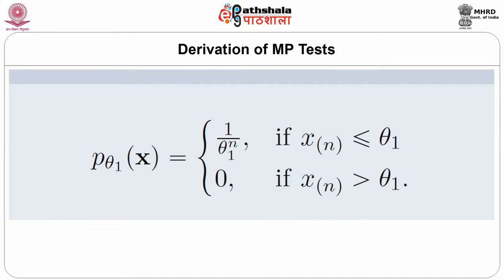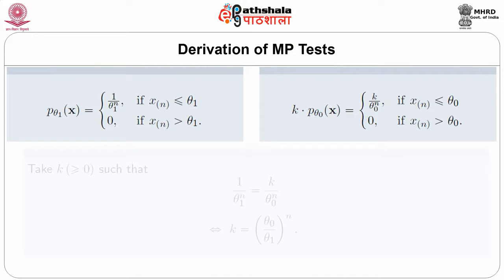Now we want to use the Neyman-Pearson lemma and derive the most powerful test for testing theta = theta0 versus theta = theta1. So p_theta1(x) is 1 by theta1 to the power n if X_(n) is less than or equal to theta1, and 0 if X_(n) is greater than theta1.